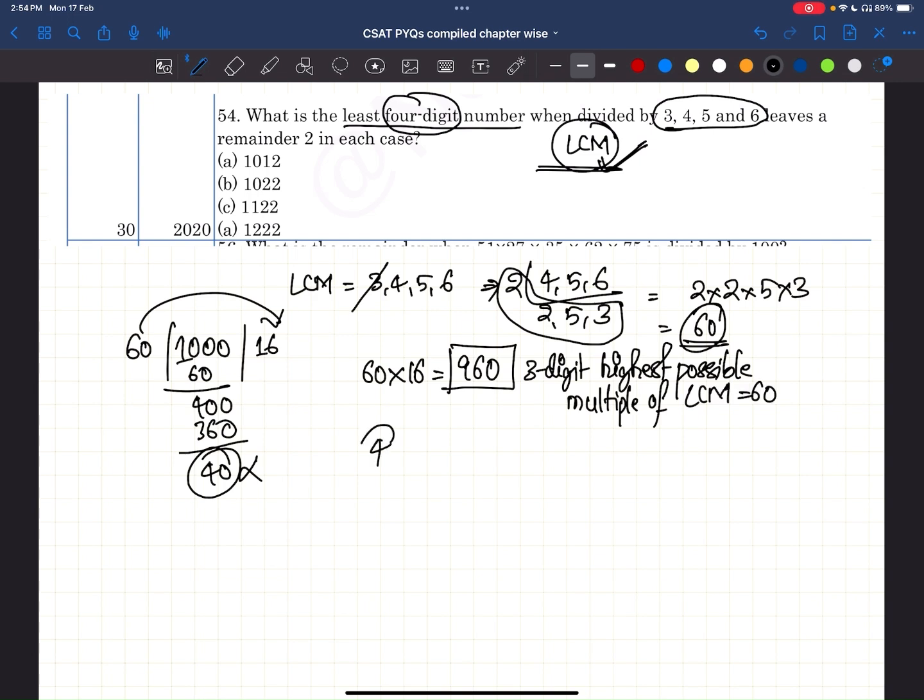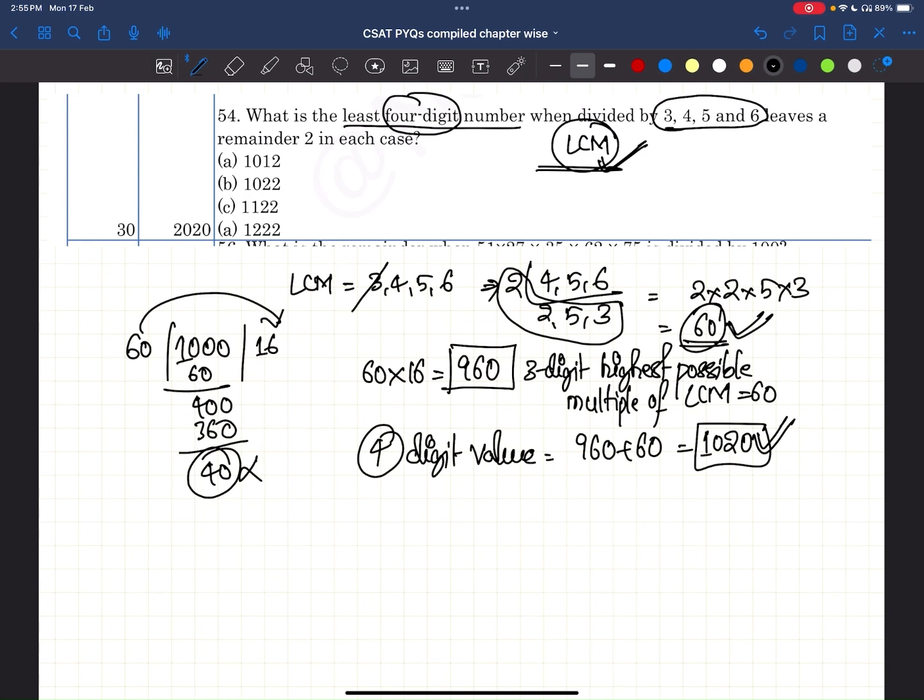Now we need a 4-digit value, right? That means simply 960 plus 60, 1020, right? Now what is the value? That means this is the least 4-digit number which is a multiple of this LCM 60.